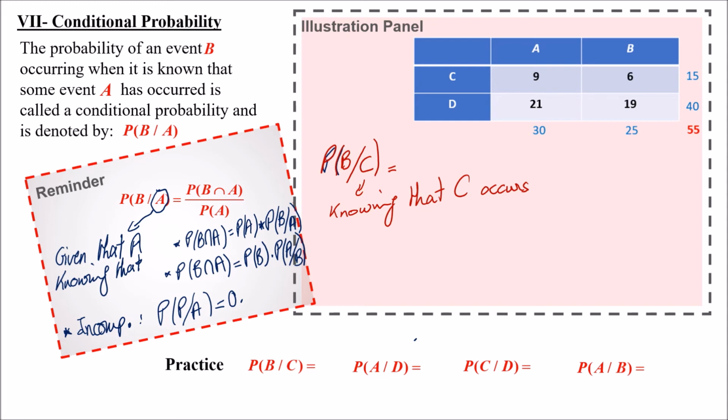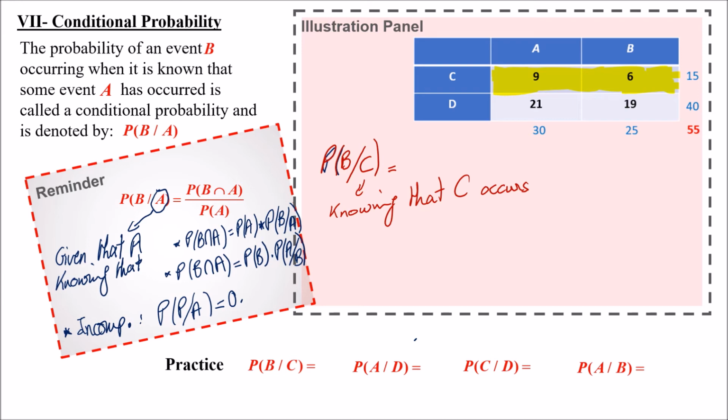Then you have to forget anything other than C. This is C. I'm highlighting this because knowing that C, we will just work on the event C. Anything other than this shaded region will be neglected.